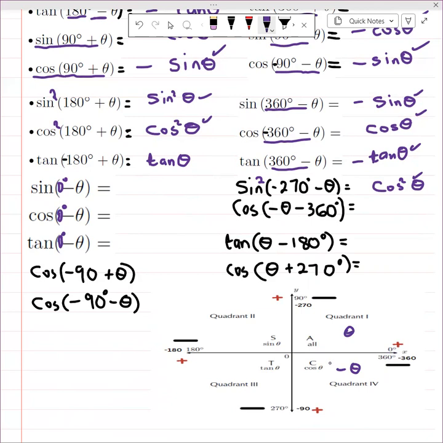If you see negative theta, you should just know that it is the fourth quadrant. So sine is negative in the fourth quadrant, cos is positive in the fourth quadrant, and tan is negative in the fourth quadrant. Perfect. And that's it about the negative.